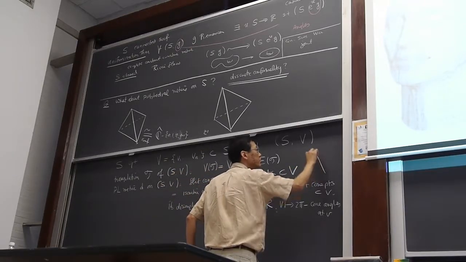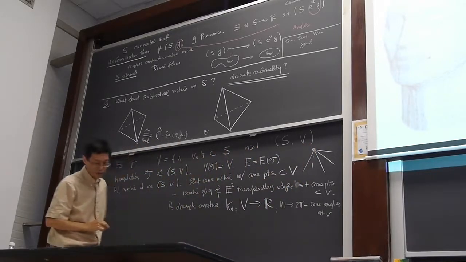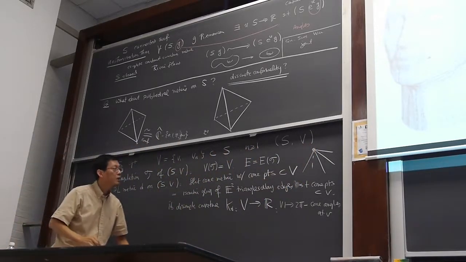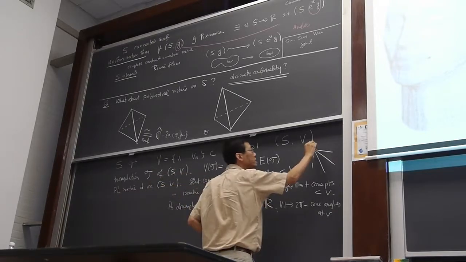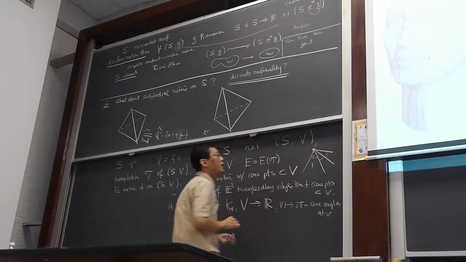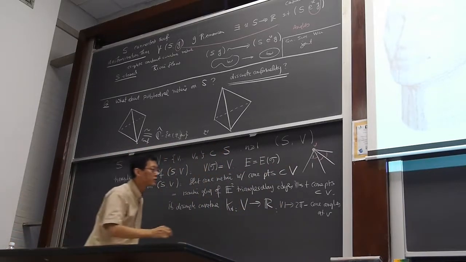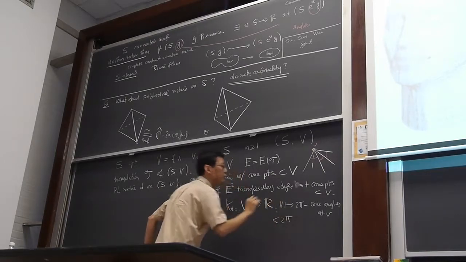So if this is obtained as gluing of 5 triangles, the curvature at the vertex V is 2 pi minus the sum of these 5 inner angles of the triangles. So that's the curvature, and the curvature is always less than 2 pi by definition.